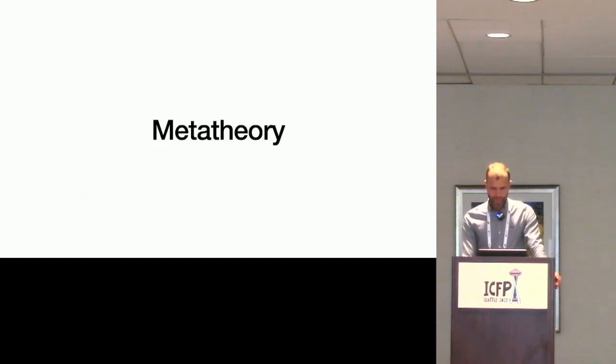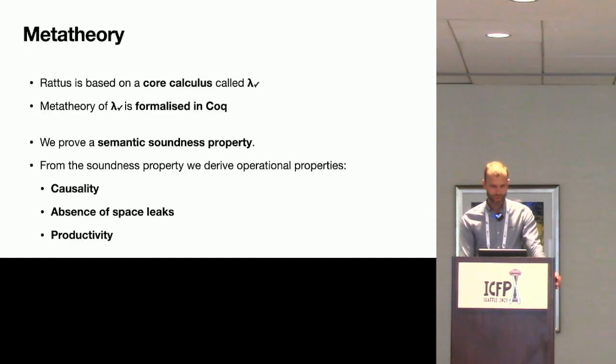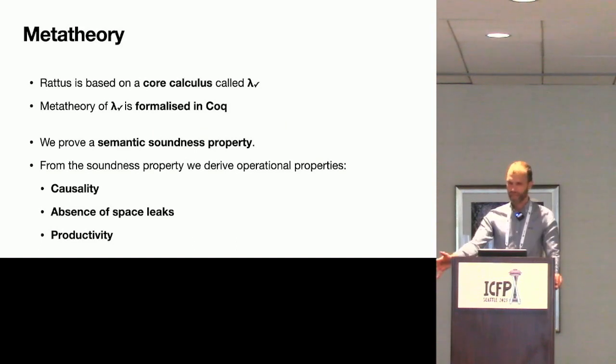Let me talk a bit about the meta theory very quickly, since I'm also running out of time. As I said, Rattus is based on a core calculus, which I call lambda tick, which I have formalized in Coq, and also proved some semantic soundness property, so that it actually won't crash.